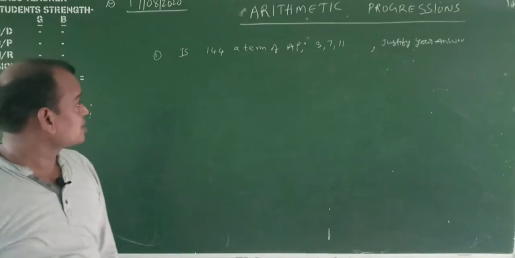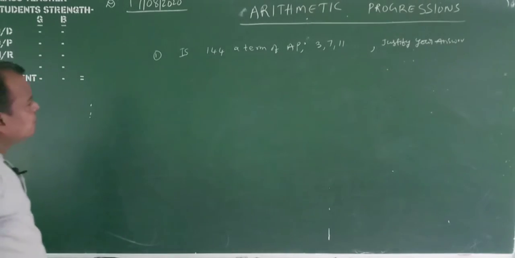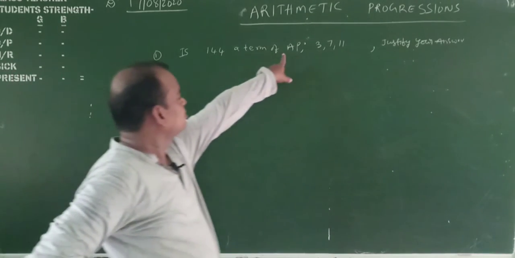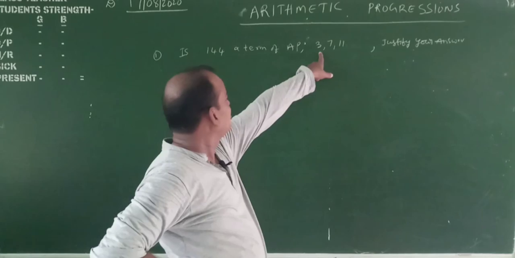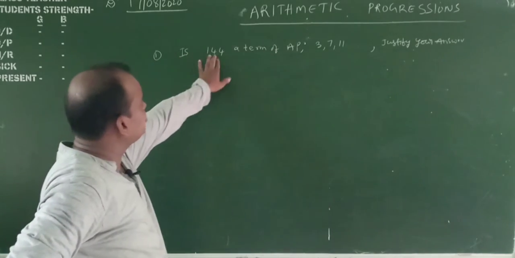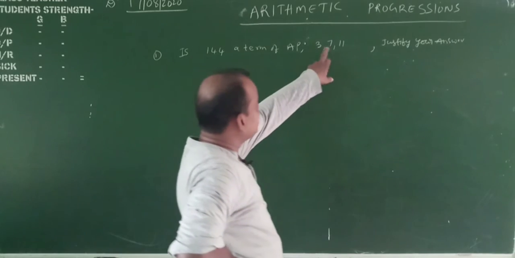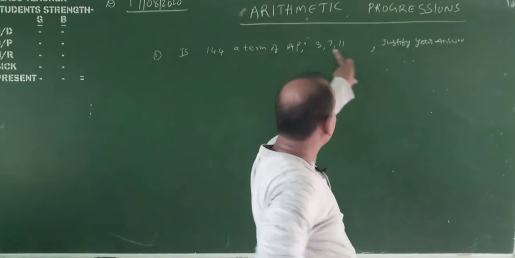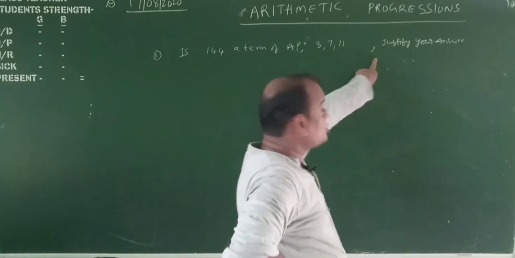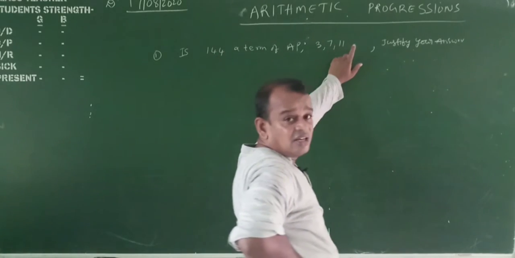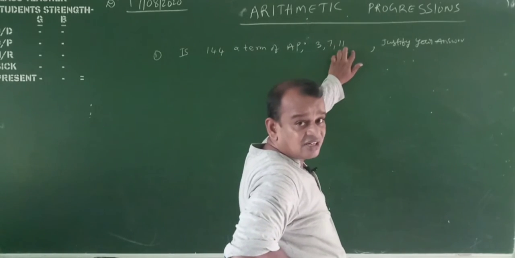This type of question is asked. The AP is given, 3, 7, 11. Is 144 a term in this series or not?